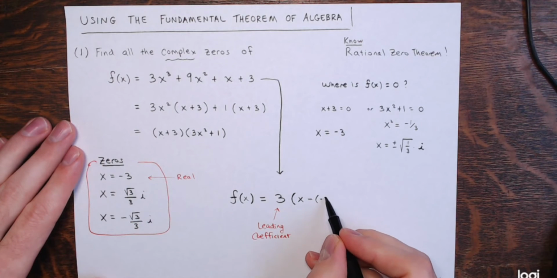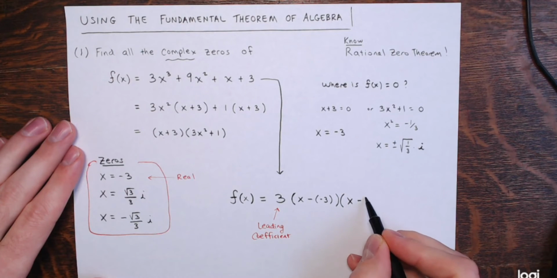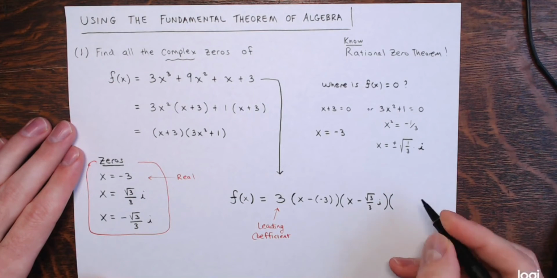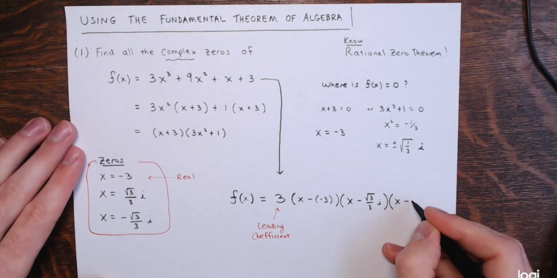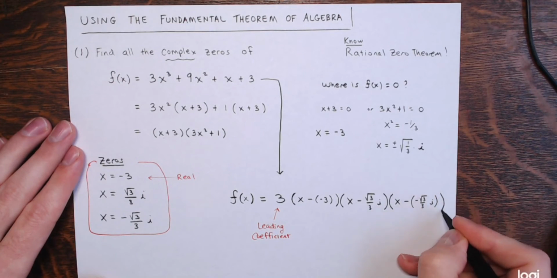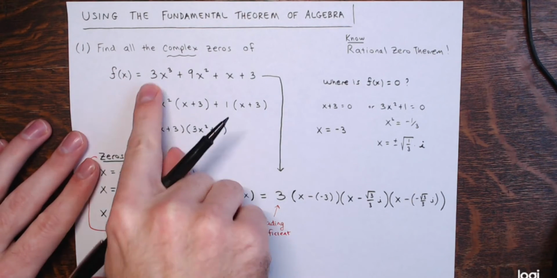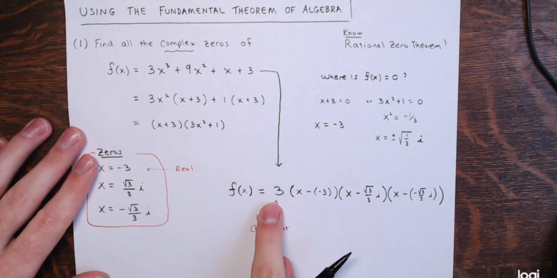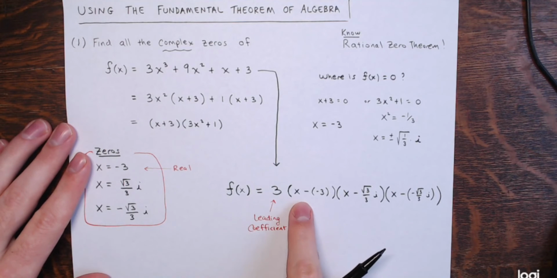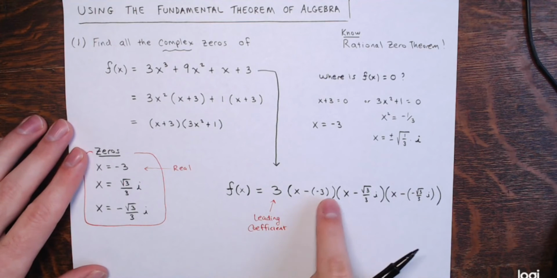So x minus negative 3 times x minus the square root of 3 over 3 times i, times x minus negative square root of 3 over 3 times i. Right? That's what that meant. Once you know all the zeros and you also know the leading coefficient, you should be able to express any polynomial function as that leading coefficient times a bunch of linear factors, x minus each zero.